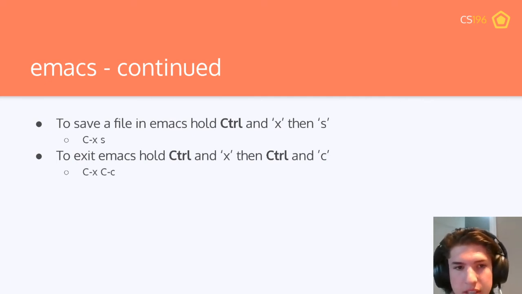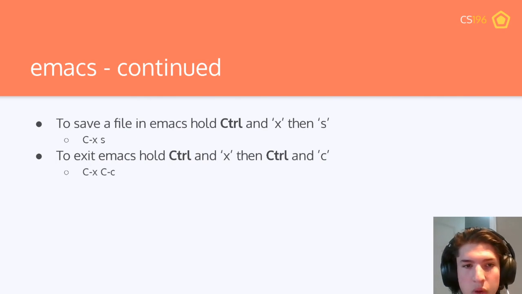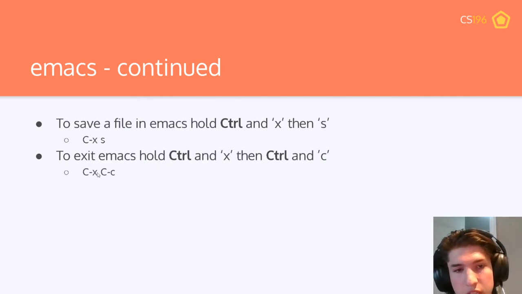What do you need to press to do C-X S? Control and X at the same time, release, then S. Exactly. So you do Control X, stop, and then press S, and that will save a file, right? Save your edits. And then for exiting, you do Control X, and then you do Control C.